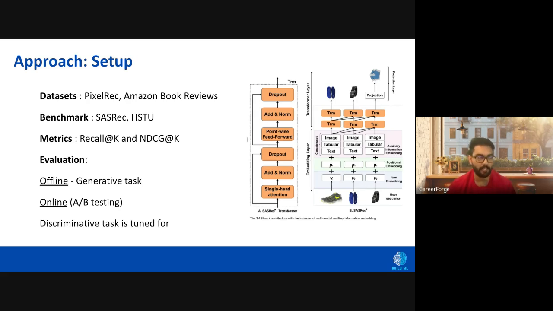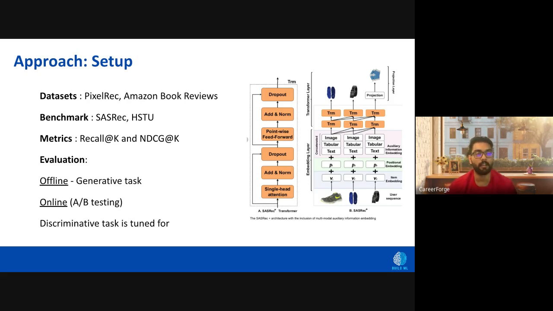Amazon Book Reviews is a pretty common one, with a lot of textual data, and it's pretty standard. PixelRec is typically used for multimodal recommendation systems because it has images. So it's an interesting choice, but it does have title and text, so it can be used for these kinds of models. It's built for multimodal, but it can be used for text alone as well.